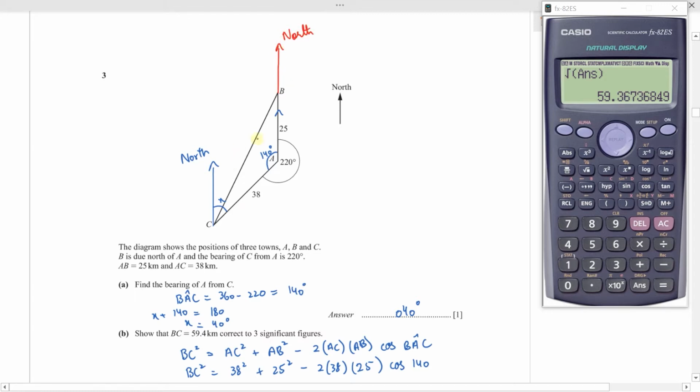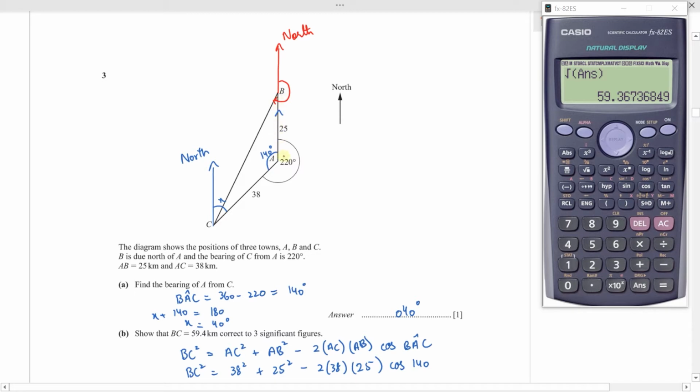And then the bearing of C from B will be this. In fact, let me draw it a little bit wider. So this full angle up till this point. This is the bearing of point C from point B.